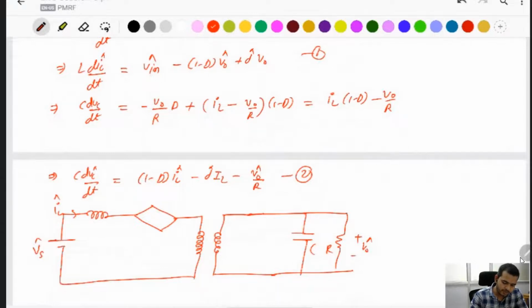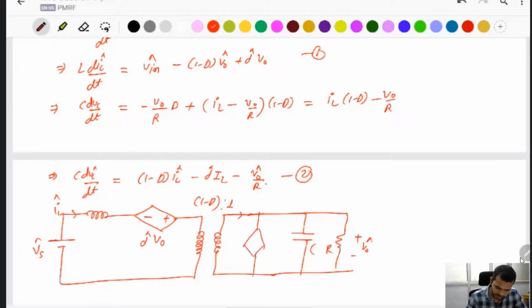If you find Vin given here is positive and this one is negative, then negative and positive, D cap V naught here and Vs, IL here, this one the inductor current. This equation is satisfied for the voltage here. If you take 1 minus D here, then we find V naught here, and transferred to the primary side, we find (1 minus D) V naught, the turns ratio. When the current is transferred to the secondary side, we find (1 minus D) IL here, then (1 minus D) IL, the capacitor current, output current, and some extra inductor perturbation current.